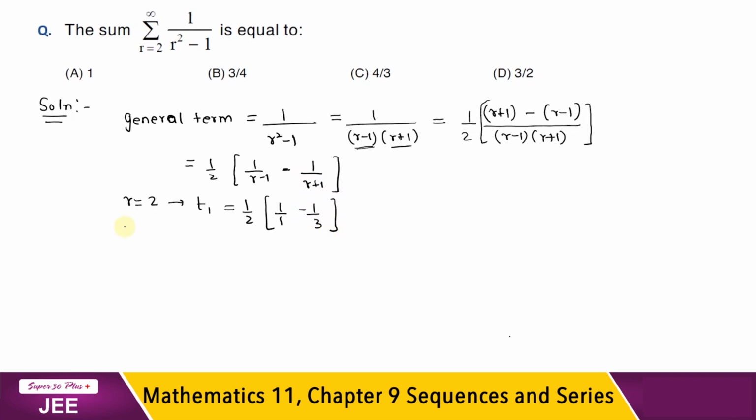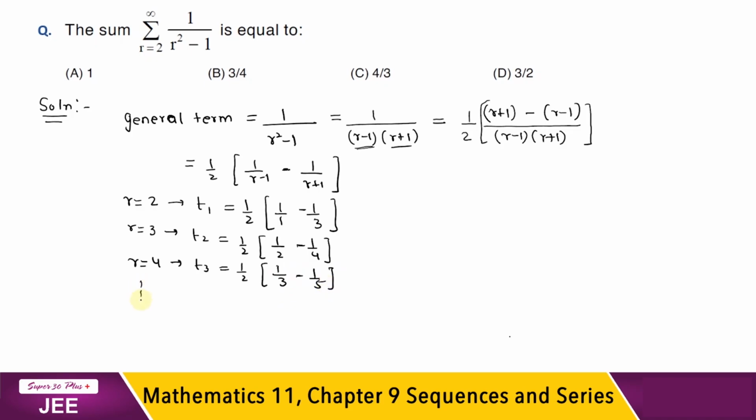Similarly, if we put r equals 3, we are going to get the second term, t2, which becomes 1 by 2 times 1 by 2 minus 1 by 4. Similarly, if we substitute r equals 4, we get t3, which is equal to 1 by 2 times 1 by 3 minus 1 by 5.